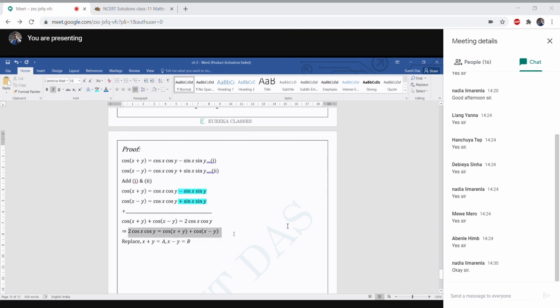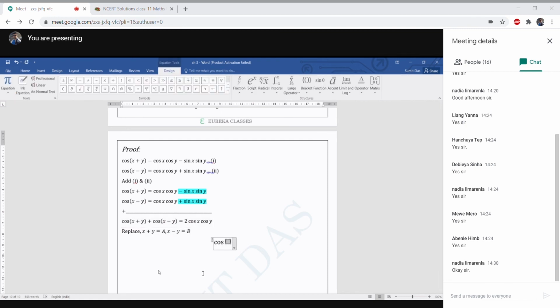What will this formula be? Okay, just leave this formula now. If we replace x plus y with A and x minus y with B, what will we get from here?